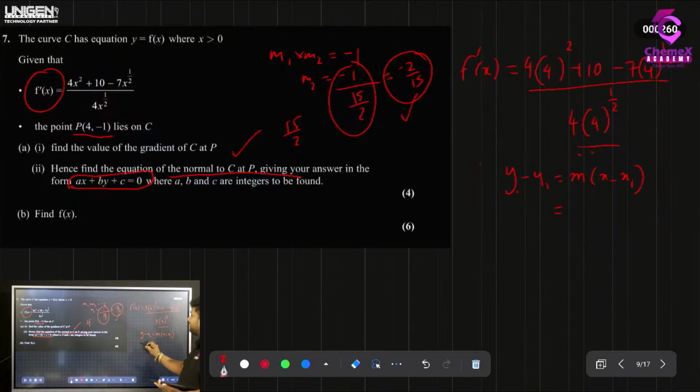So y minus minus 1 equals m, which is minus 2 over 15, times x minus minus 4. Then expand it: y plus 1 equals minus 2 over 15 x plus 8 over 15. Then what do you do?